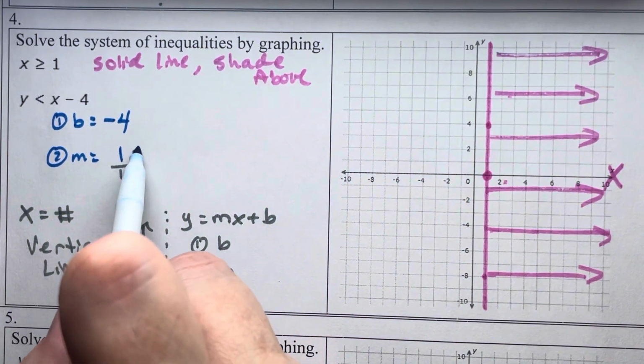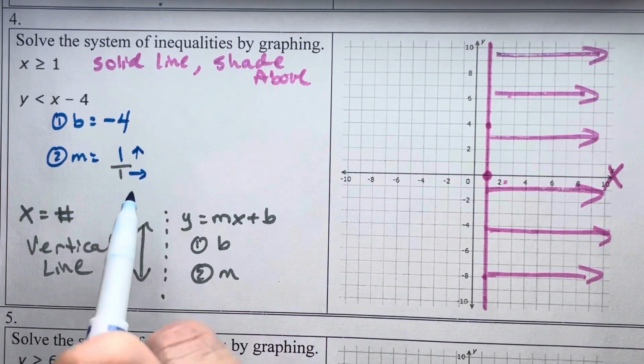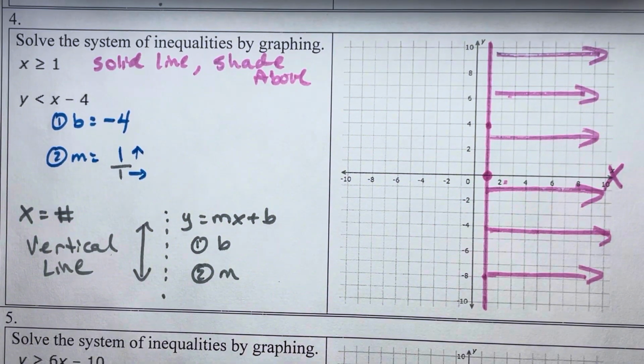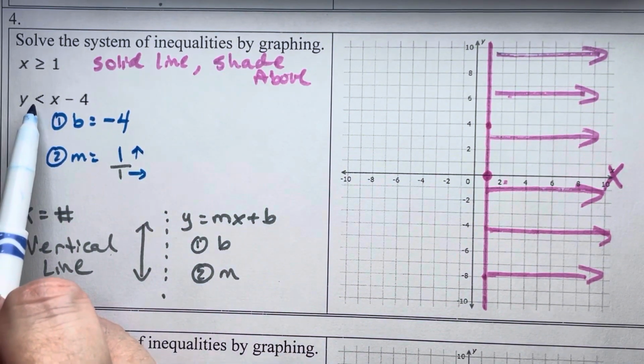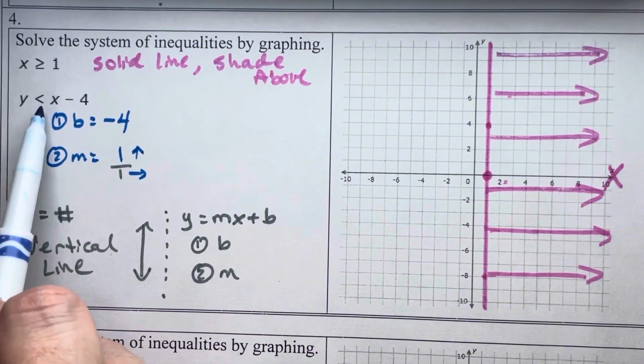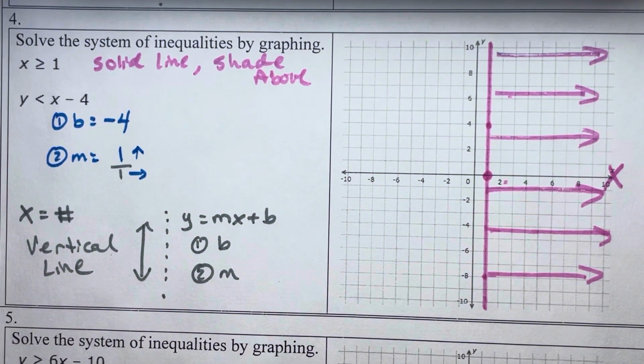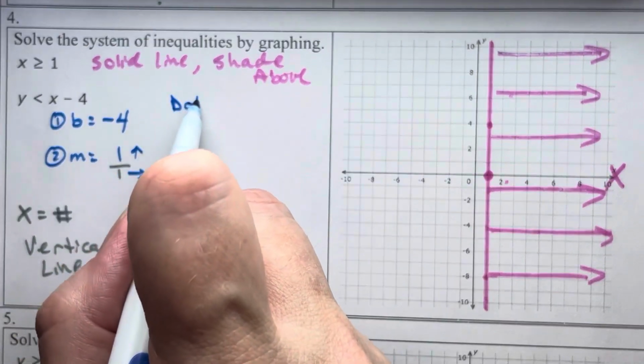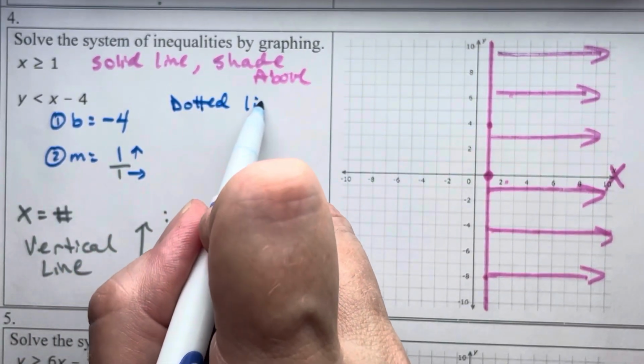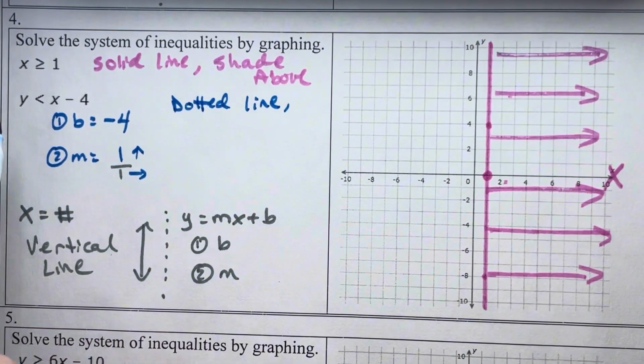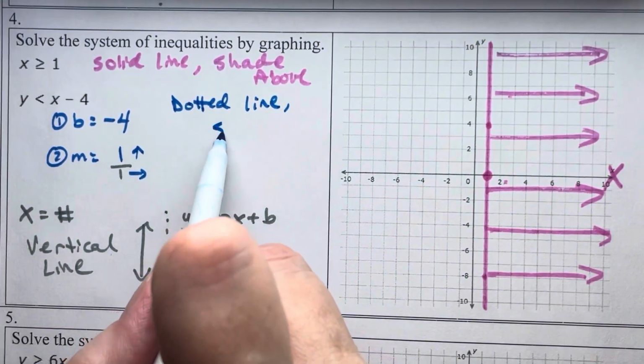Since this is a positive slope, our line will be traveling up and to the right. Our inequality symbol tells us that because this is a less than and not or equal to, just less than, we are going to have a dotted line. And because it is less than, we are going to shade below.